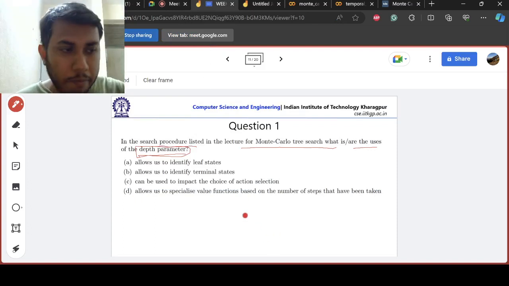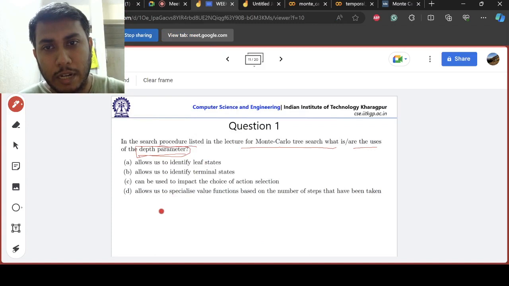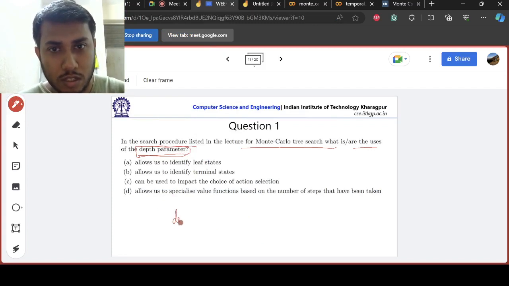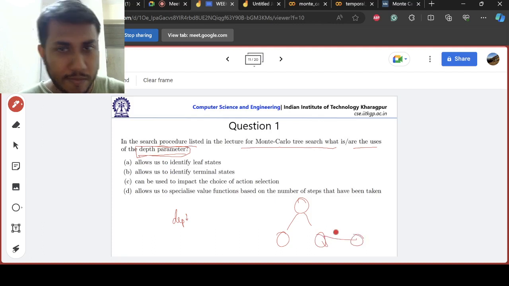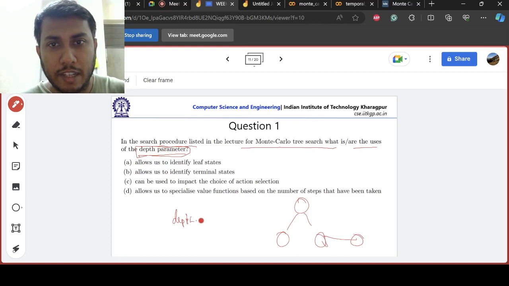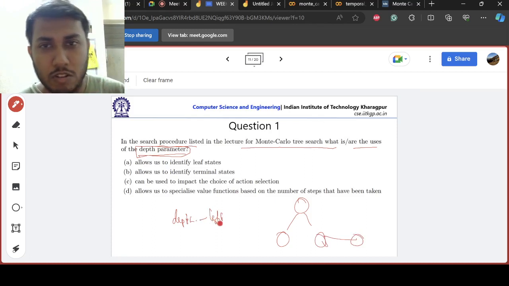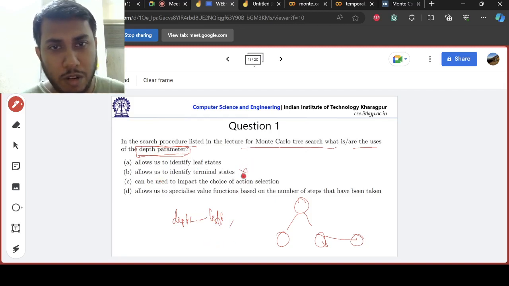The depth parameter gives you the chance to find out the leaf states, right? It also allows you to find out the terminal states. Does it allow you to find out the terminal state? No, terminal state is found how?